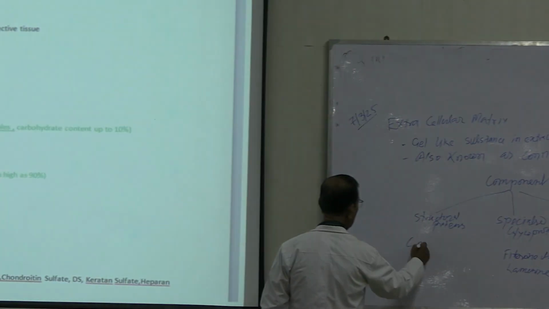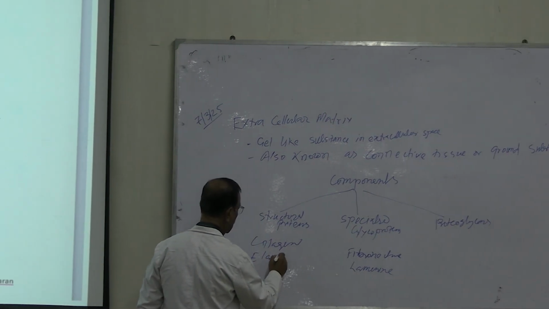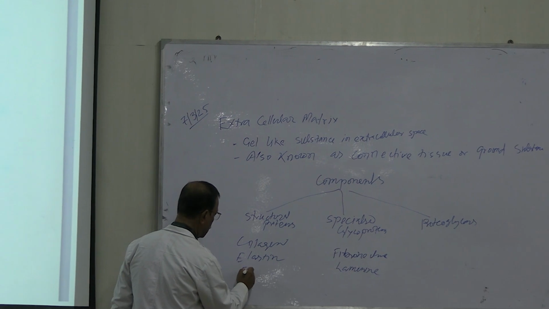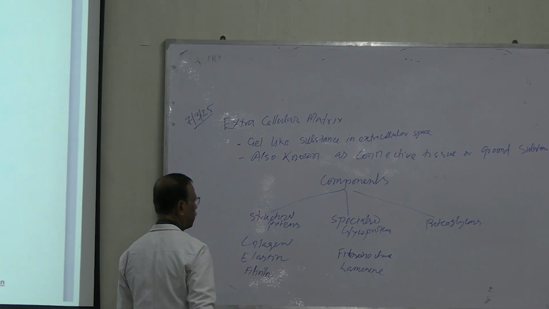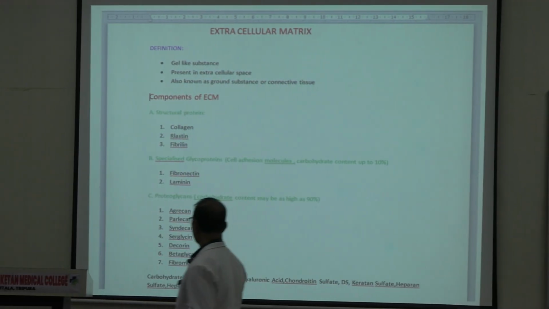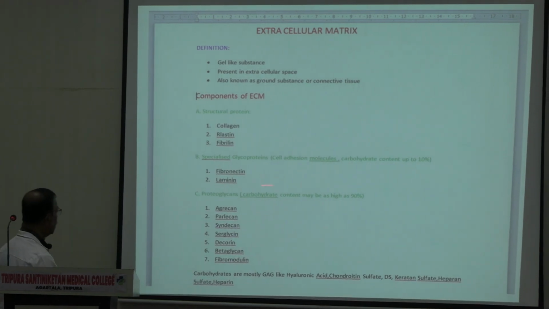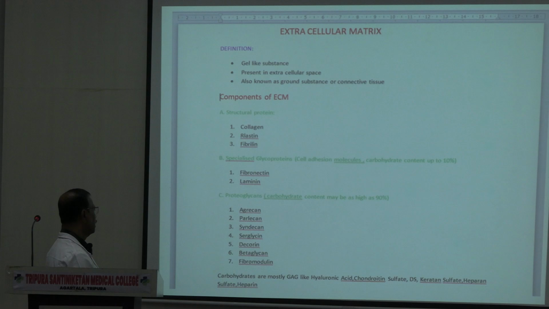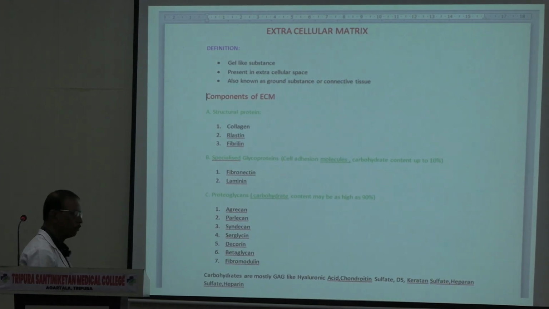In proteoglycans, they are aggrecan, perlecan, syndecan, serglycin, decorin, betaglycan, fibromodulin.